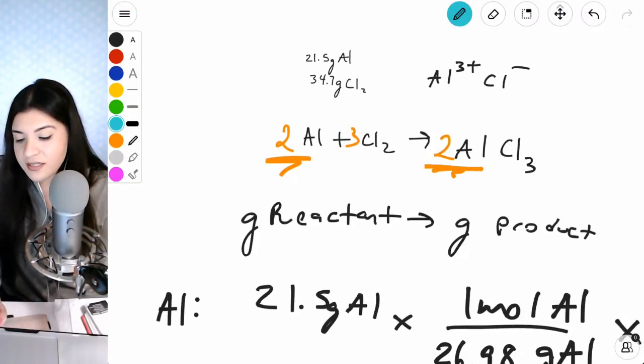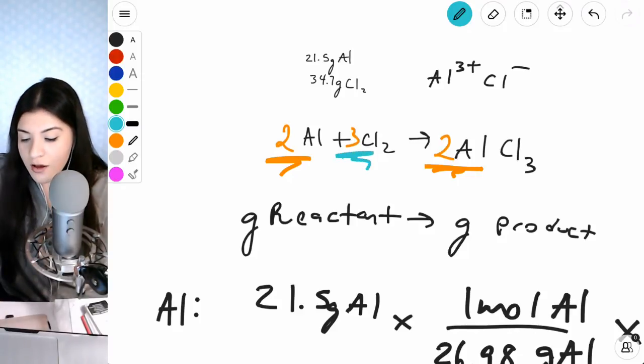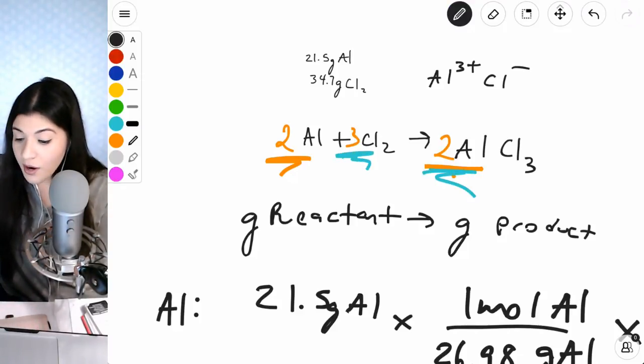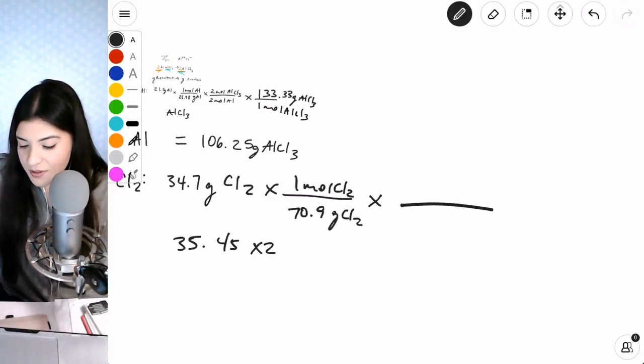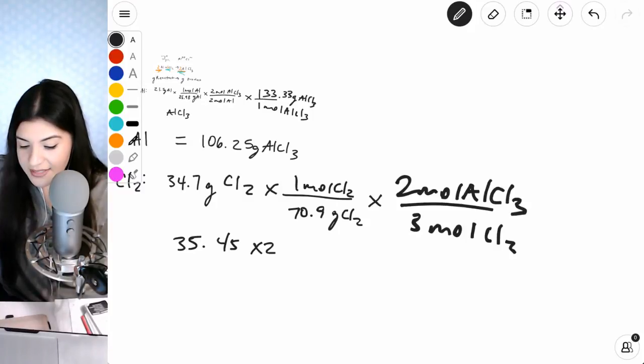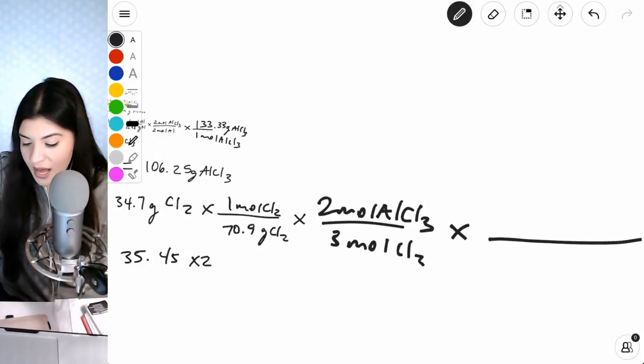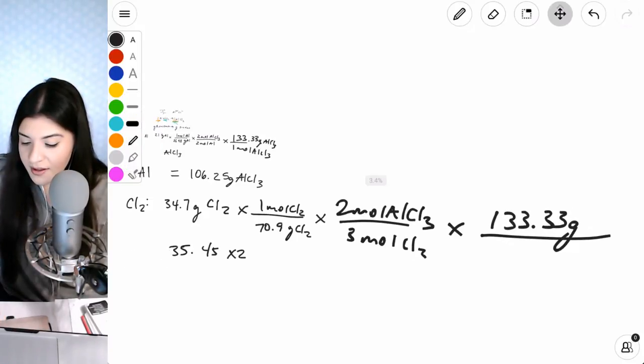And now we're looking here, and there's 3 moles of Cl2 for every 2 moles of our product, aluminum chloride. So let's go back. So we said 3 moles of Cl2 for every 2 moles of aluminum chloride. And lastly, we'll multiply again by that molar mass that we found before of our product of aluminum chloride.